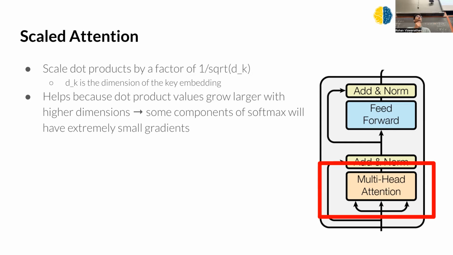As our values get really, really big, the difference in our softmax distribution between peaks and valleys can get really, really big, and that can result in extremely small gradients. Dividing by a normalization factor that's proportional to this dimension allows us to implicitly take into account that this phenomenon might occur.